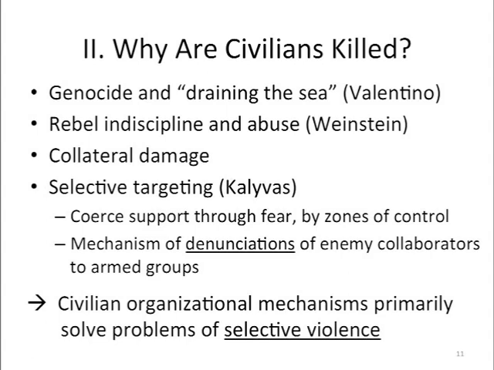The idea is that through coercion you can convince civilians to support your cause and deter them from collaborating with the enemy. And really here the idea is that armed groups can prey on the cleavages within communities and prey on local disputes to get denunciations of enemy collaborators and therefore shore up their own power.